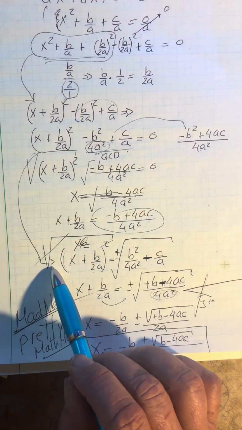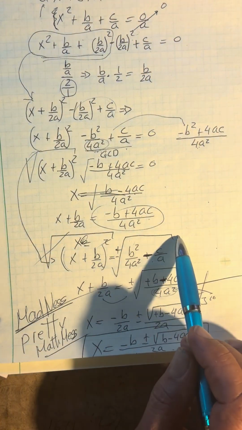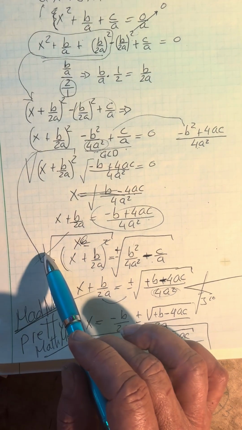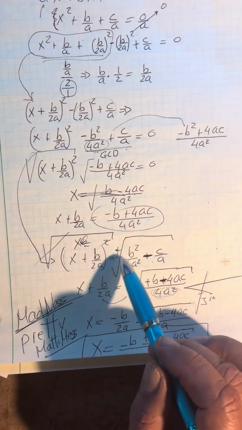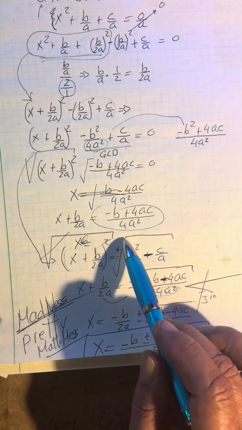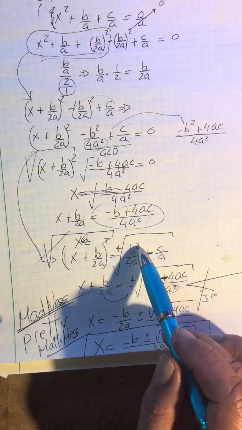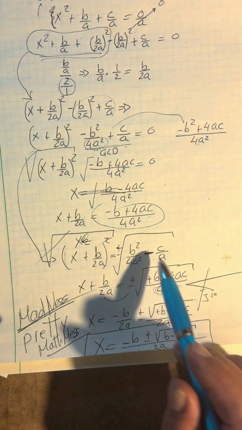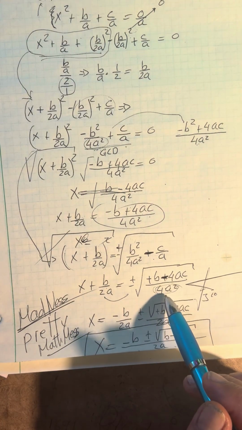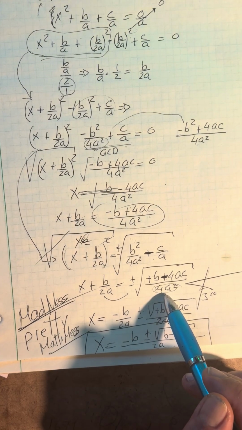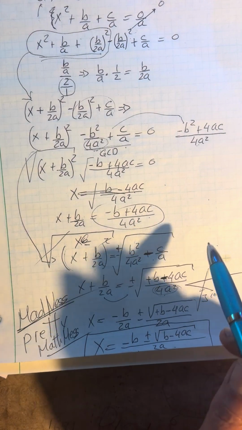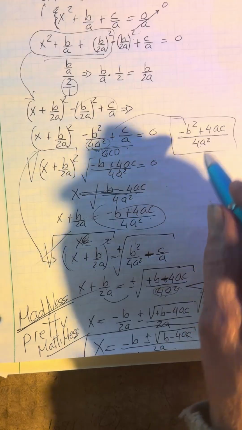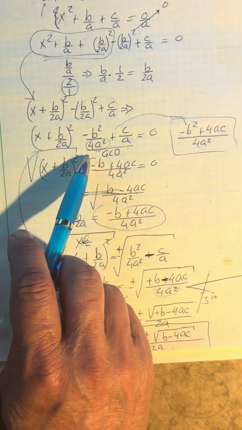And then we take the square root of both sides. This 2 goes with the root, and we are left with plus or minus the square root of b squared divided by 4a squared minus c over a, which can be written as this by finding the greatest common divisor, which will be 4a.